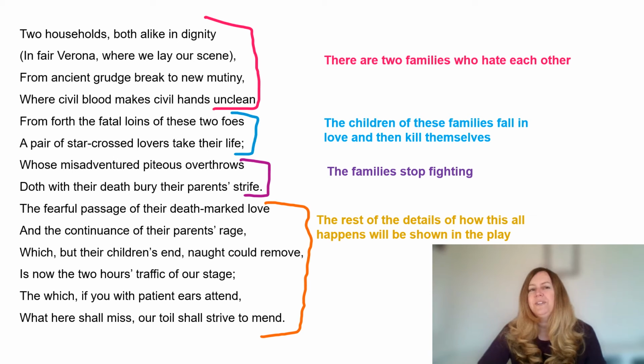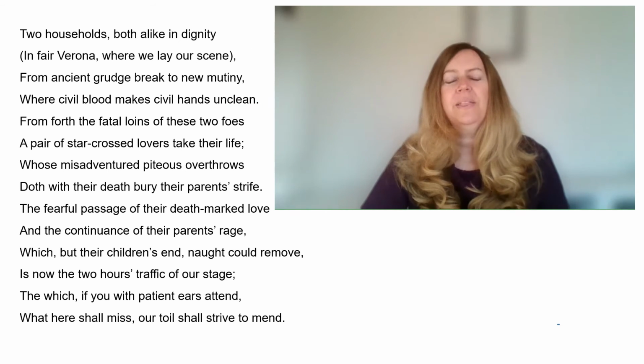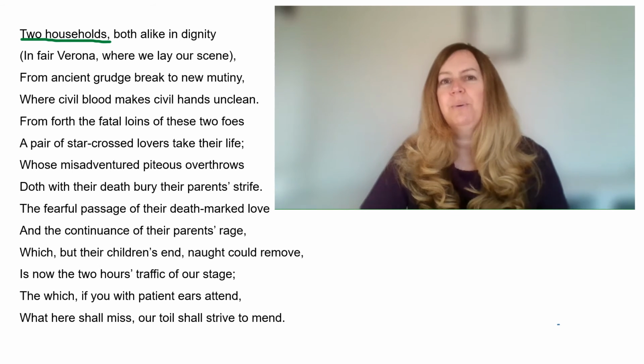So before we finish, let's examine some of the interesting language in here. The opening words of the play are not about Romeo and Juliet, but about the two families. This suggests that the play will be as much about family as about the two title characters.